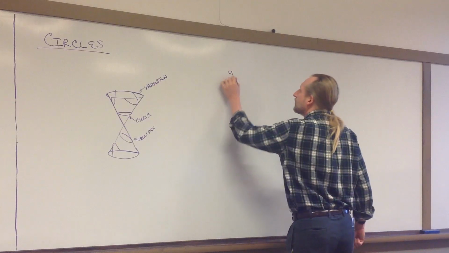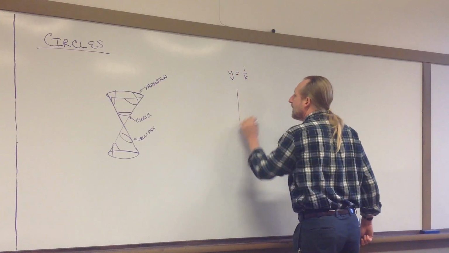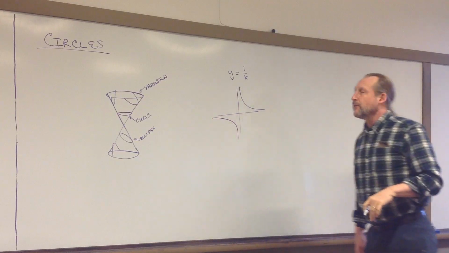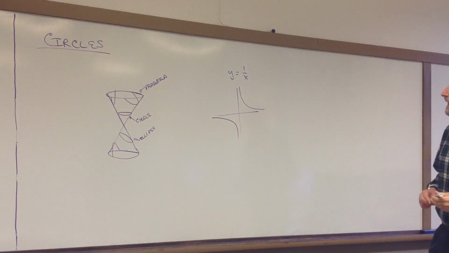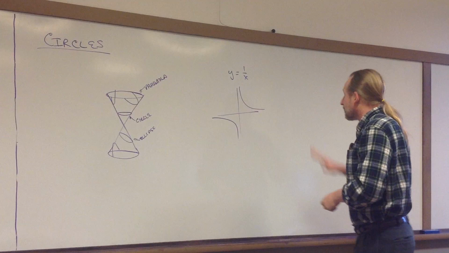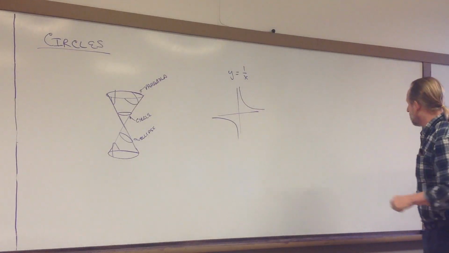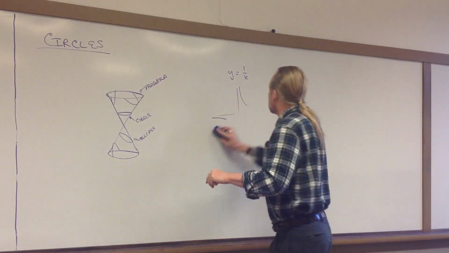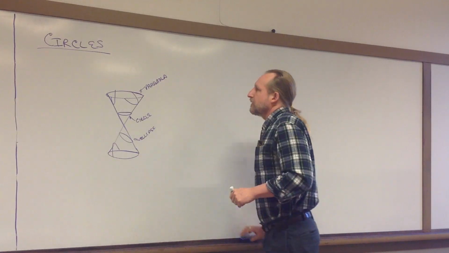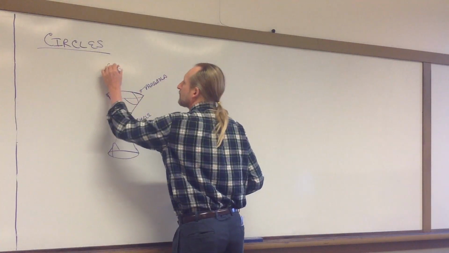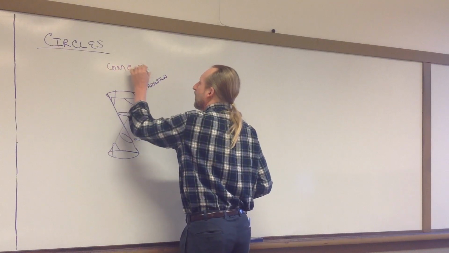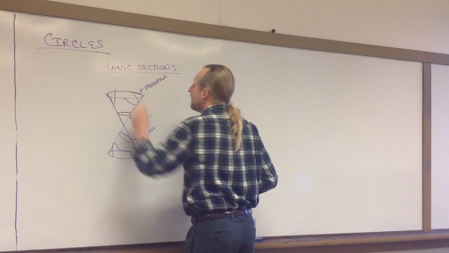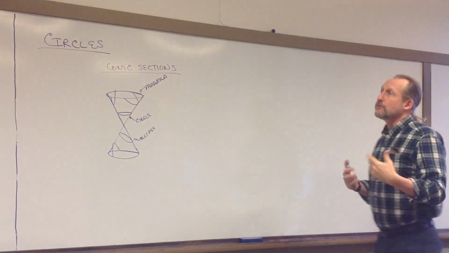Your classic hyperbola comes from the rational function 1 over x, and there are many other versions of that hyperbolic function. So these are what the Greeks called conic sections, because they came from these two cones tip to tip, slicing it in different ways.